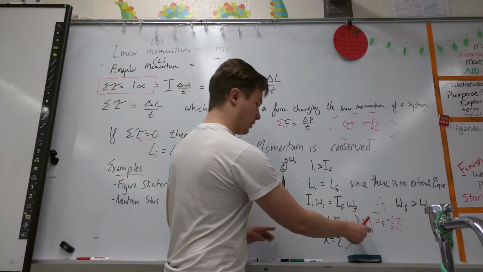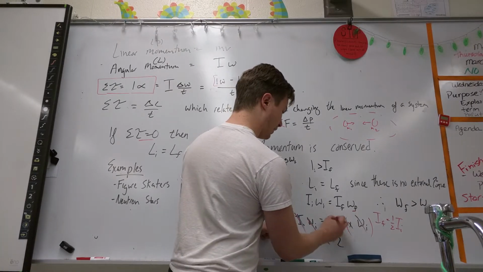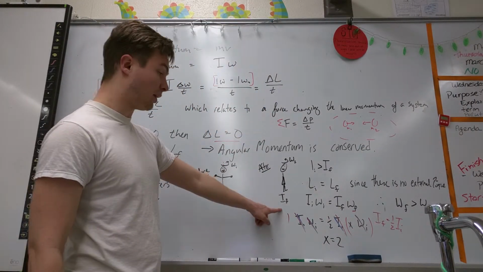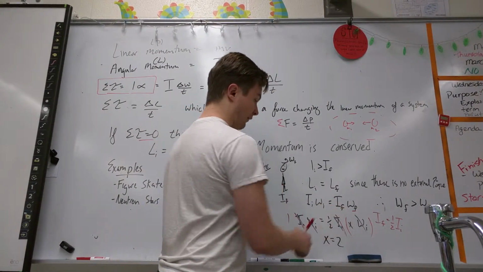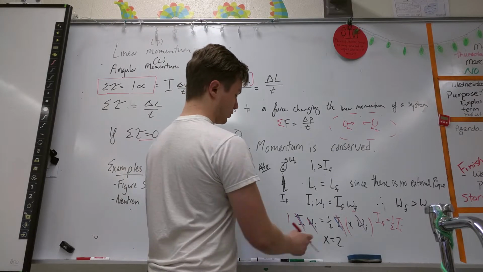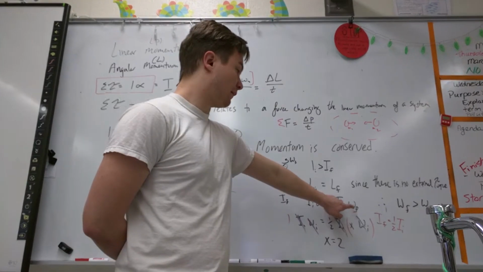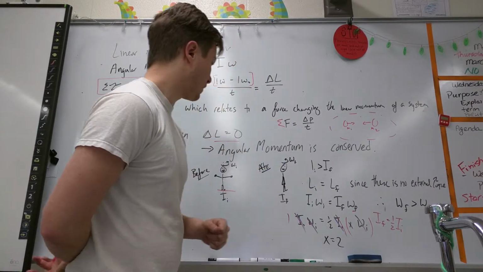I cancel out my terms. Omega initial cancels out, I initial cancels out, so I'm left with 1 on this side. Remember, that's not 0, even though I canceled out these two terms. 1 is equal to 1/2 x, so x must be 2. So the angular speed of the final case must be twice as much as the initial case.